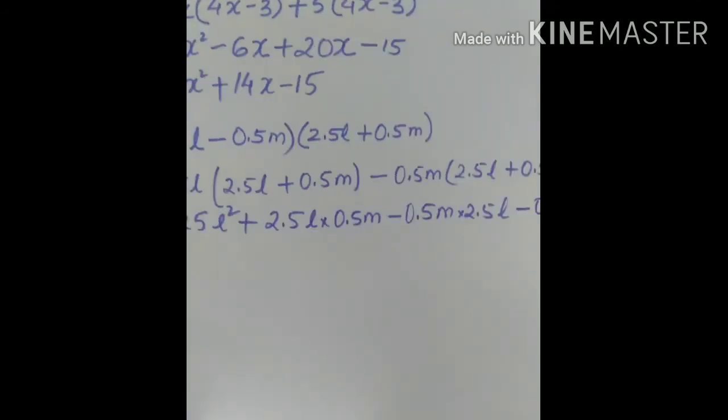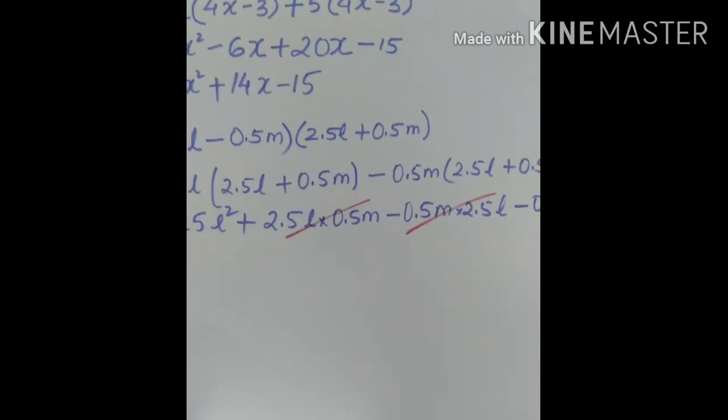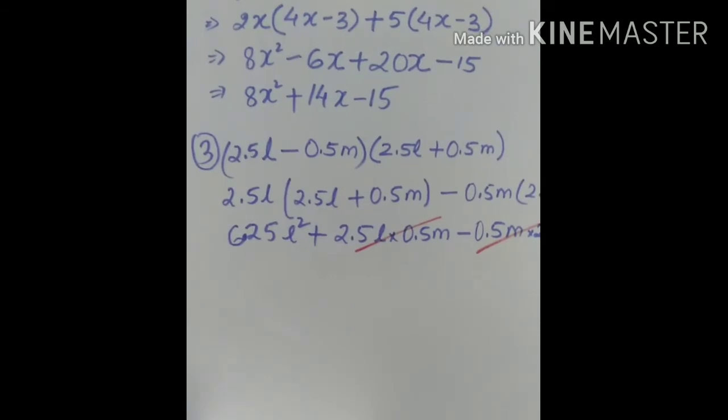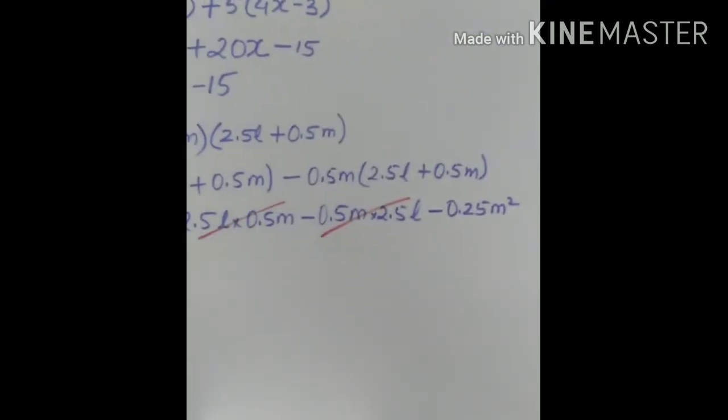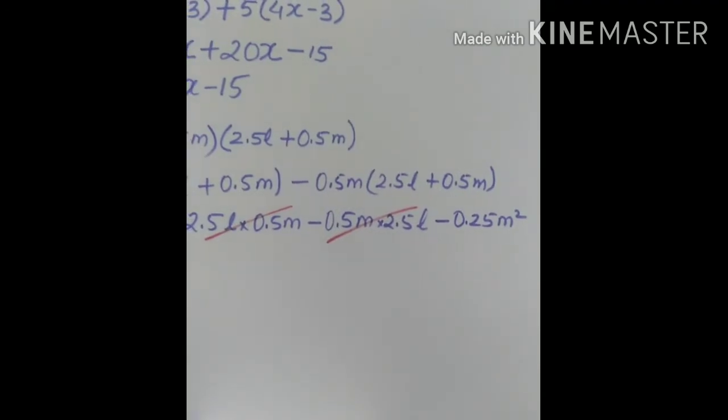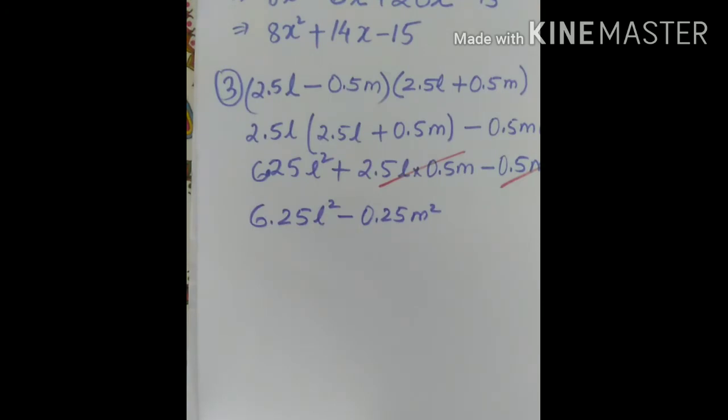Now these two terms will cancel, and remaining is 6.25L square minus 0.25M square. So this is the answer.